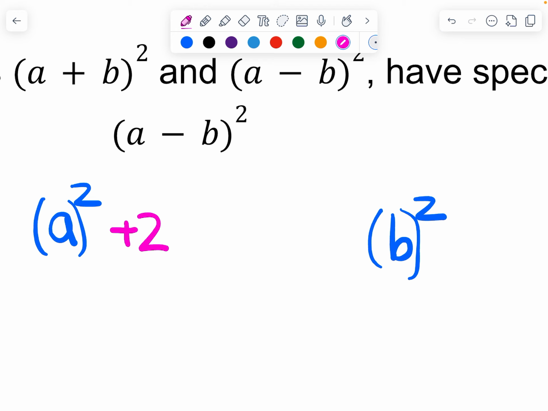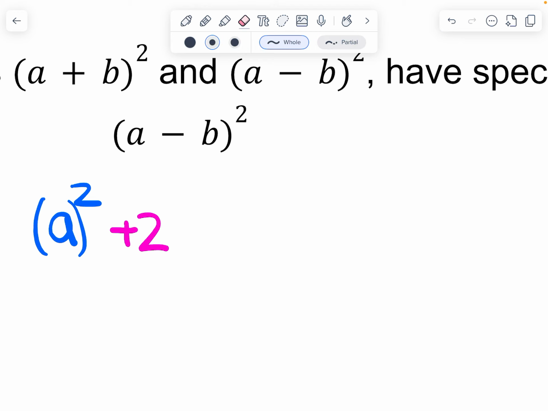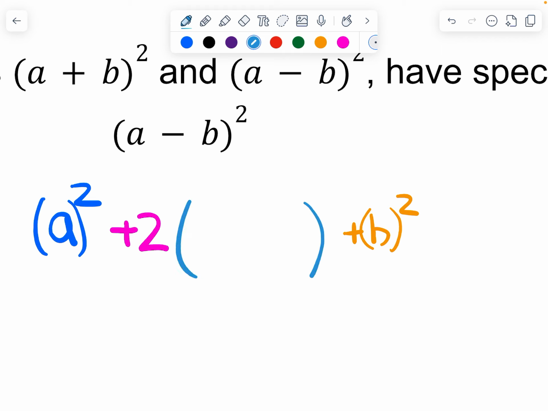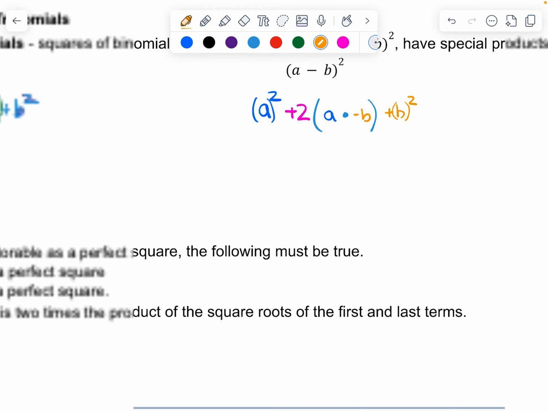I wanted different colors. So I'm going to take the a and I'm going to take the negative b, and they're going to multiply together. Okay, so here we go.